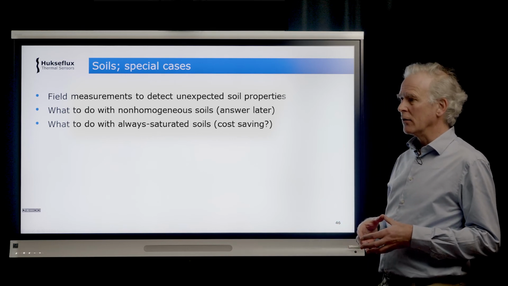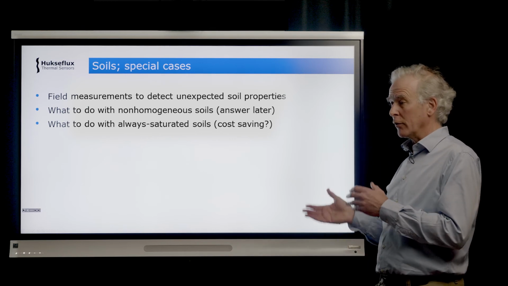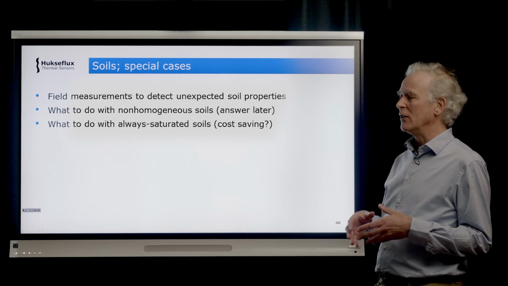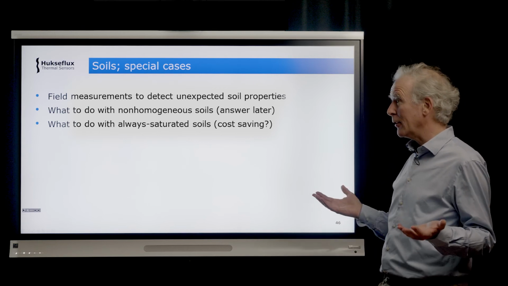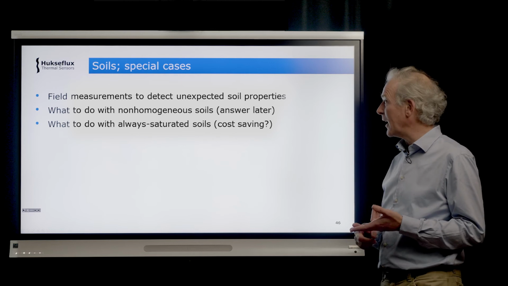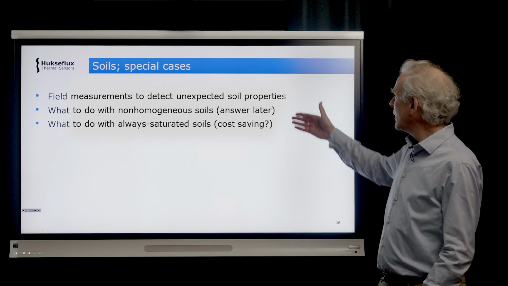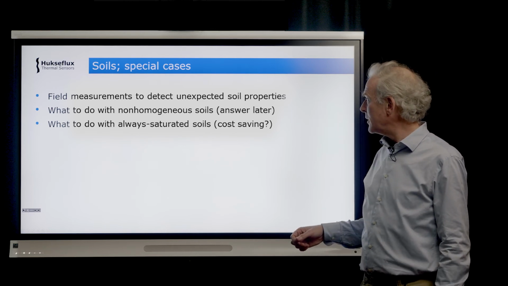Also, you might encounter soils that are not homogeneous, filled with rocks, or volcanic soils or organic soils. That might also be of interest.